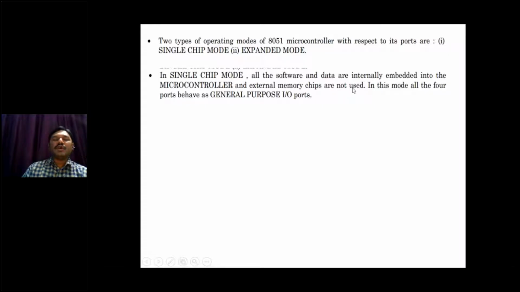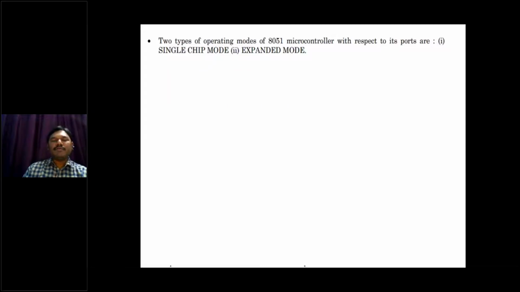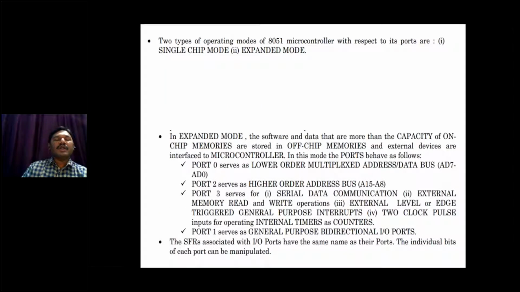Suppose whatever ROM is available on the chip is enough for your operations, then it will be operated in single chip mode. It means these IO ports will be used only for IO operations. But if the internally available RAM and ROM are not sufficient, then the remaining ports are used in different modes of operation for different applications.